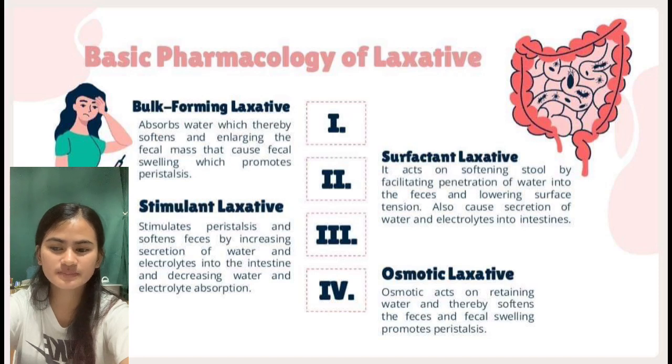It stimulates peristalsis and softens feces by increasing secretion of water and electrolytes into the intestine and decreasing water and electrolyte absorption. So the osmotic laxative. The osmotic acts by retaining water and thereby softens the feces and fecal swelling, which also promotes peristalsis.